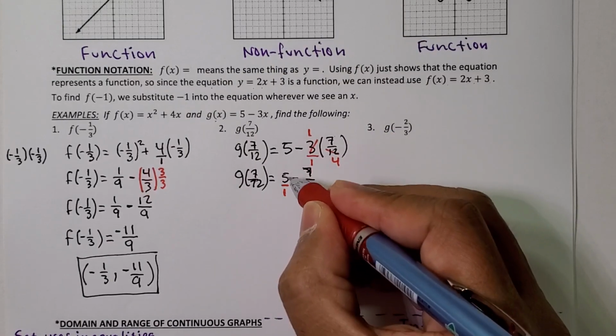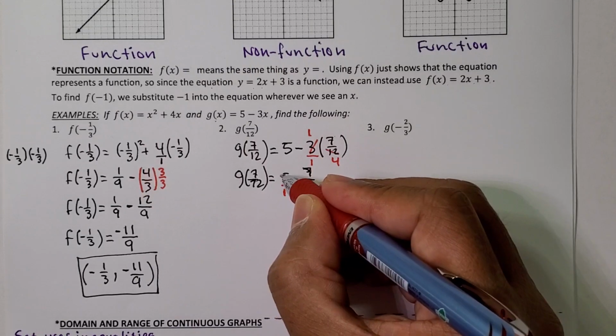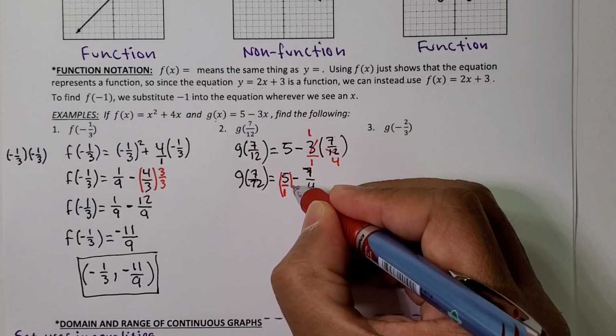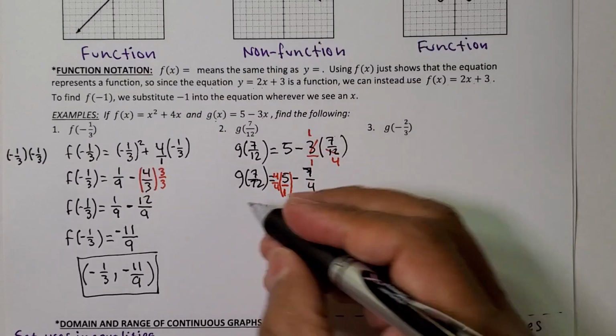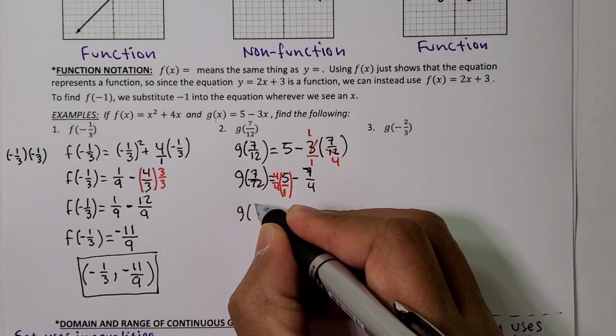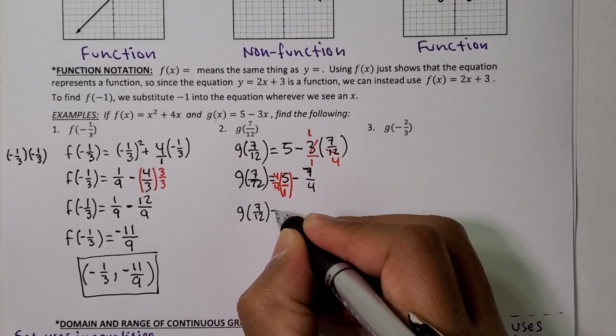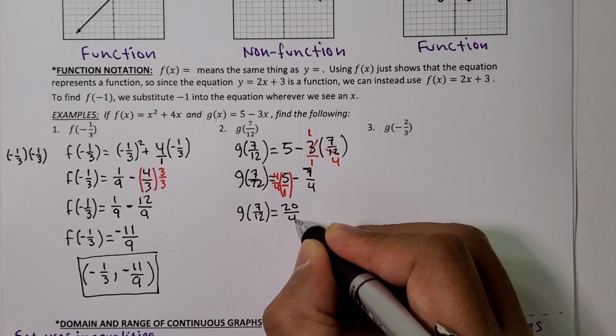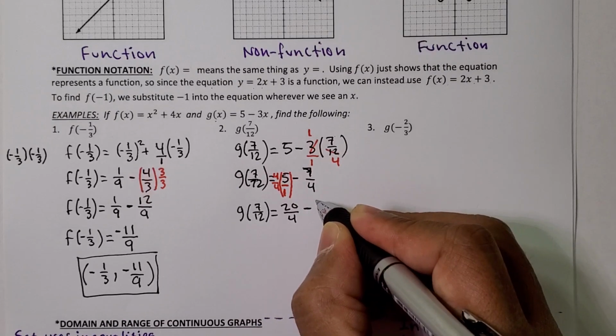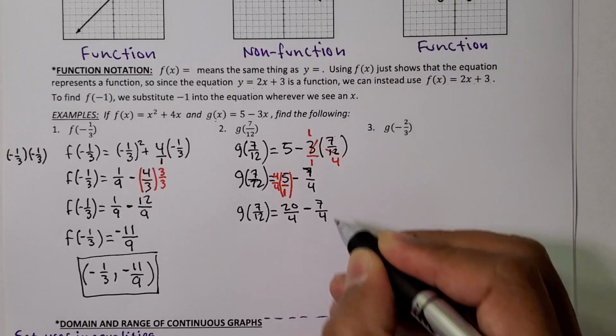So I need to multiply this one, and I didn't leave myself enough space here, but I'm going to try to squeeze it in. I got to multiply by 4/4. And when we do that, we end up with the following. So g of 7/12 equals 4 times 5, that's going to be 20. 4 times 1, that's the 4, which we wanted. And then minus 7/4.